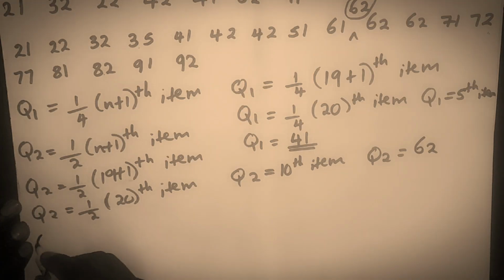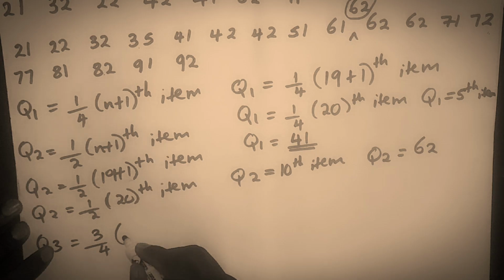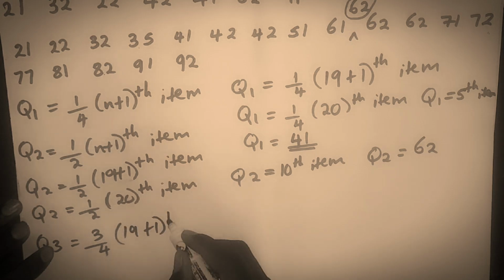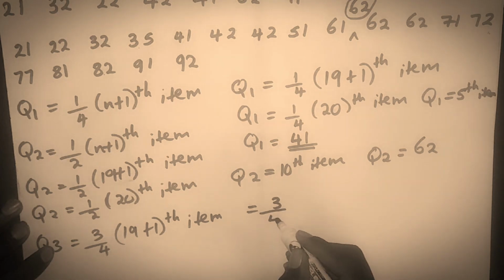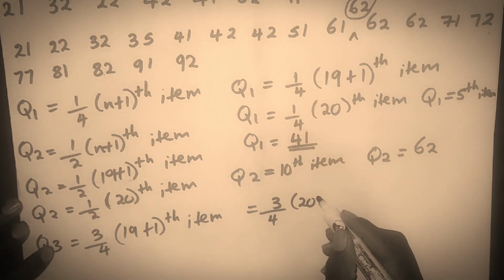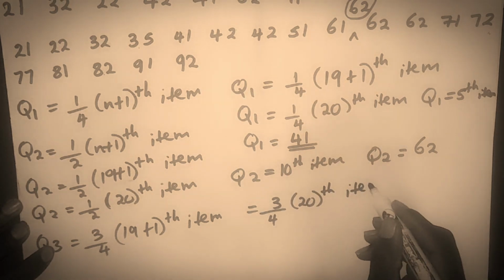So let us move on to the third quartile. The third quartile is equal to 3 over 4 of n, where n is 19, plus 1 the item. So we say 3 over 4 of 20 the item.